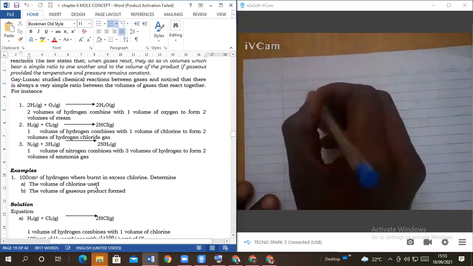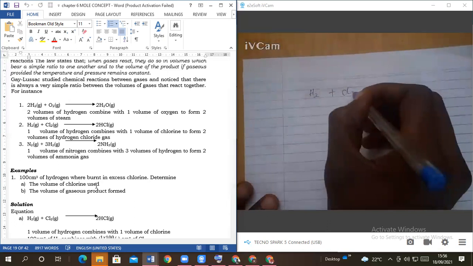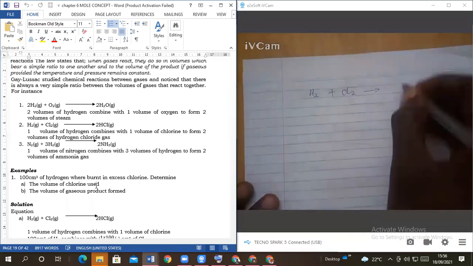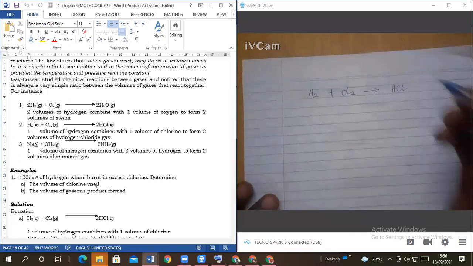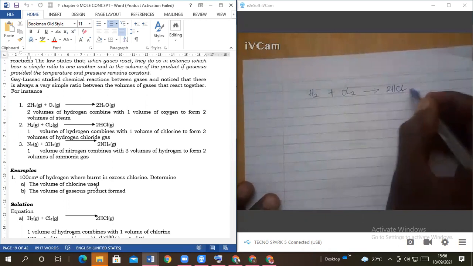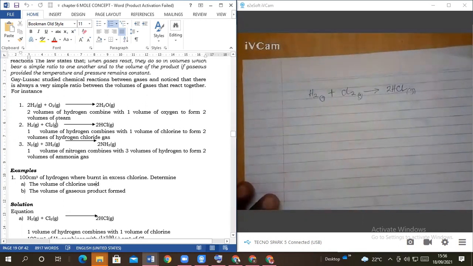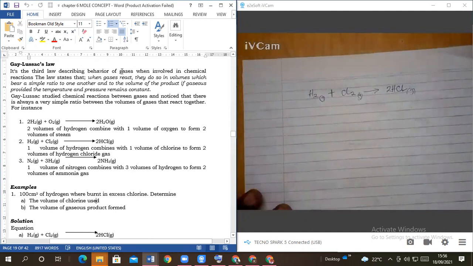So here they are saying hydrogen burns in chlorine to give us hydrogen chloride gas. Now, if you try to balance, this is hydrogen chloride, which is 2. This is a gas, this is a gas, this is a gas. Have you seen solids in this equation? No. So the man took his relation to gases.